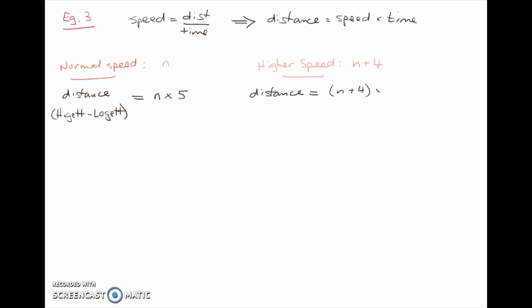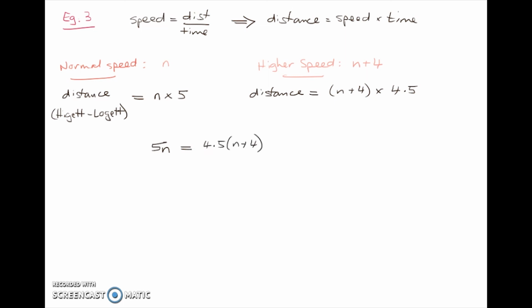So it'll be n plus 4 times 4.5, or 4 hours 30 minutes, 4.5 hours. Now the distance is the same, which means that we can equate those two things. 5n is going to be equal to 4.5 times n plus 4.